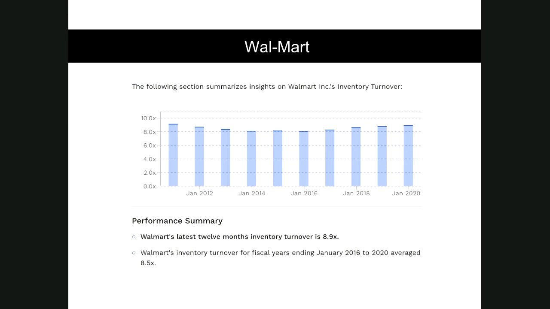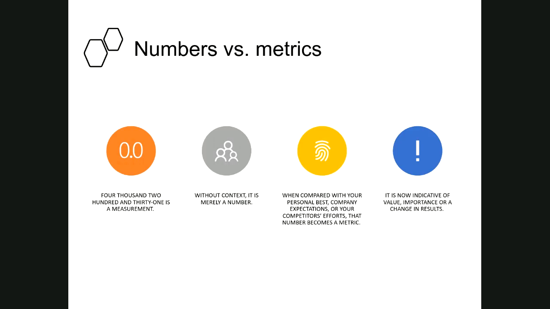However, you're not measuring the lost sales that you had on everything else because you're only carrying 1 can of oil. So you're keeping your inventory low so that your inventory turnover number can be outstanding, but that's not good for business. So that's the difference between numbers and metrics. So for example, 4,231 is a measurement.